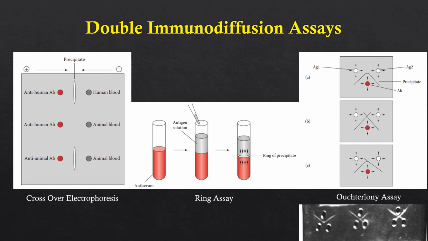Both will be diffusing from opposite sides, and if any precipitation forms in between, that may indicate it would be the animal, if we are using anti-animal antibody. If we are using anti-human antibody, then it can be human blood. So like that, simple reactions can be conducted, and we can identify whether it was human or not.